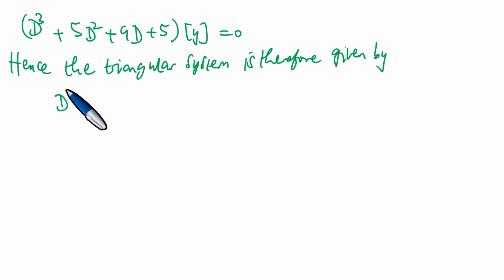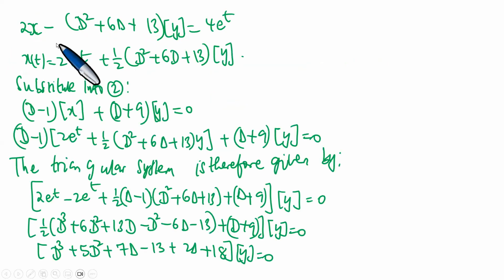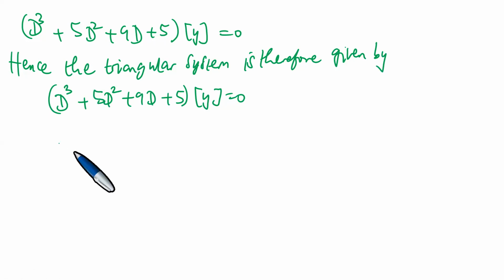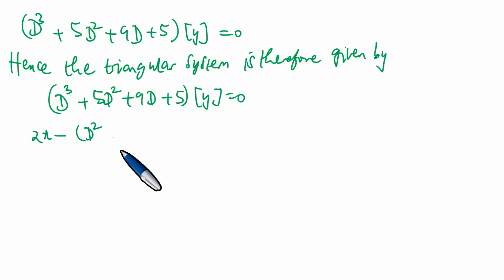So we write this one first, d cubed plus 5d squared. And then the other one, it's this one here, 2x minus the d squared, minus into d squared plus 6d plus 13, y equals 0.